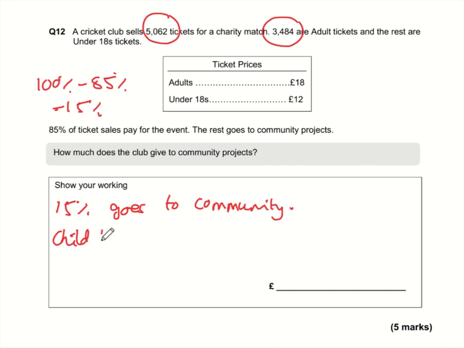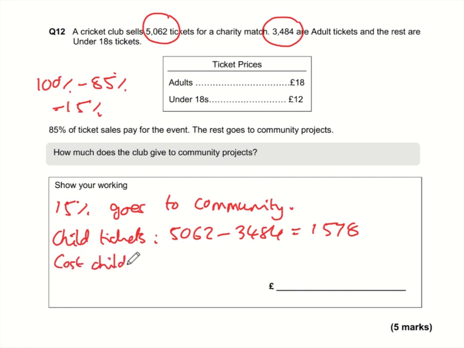So child tickets is 5062 take away 3484, and that comes to 1578. So the cost of the child tickets is going to be 1578 times by £12, and that is 18936.